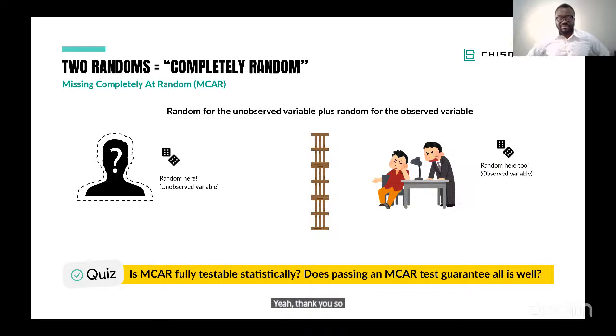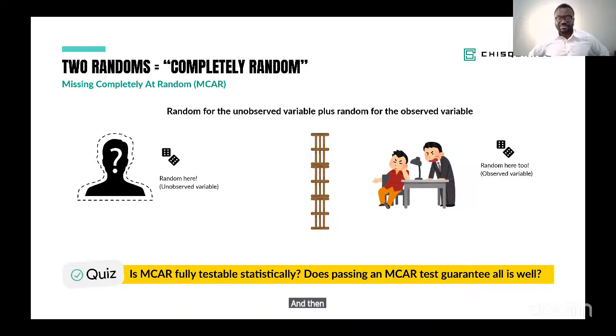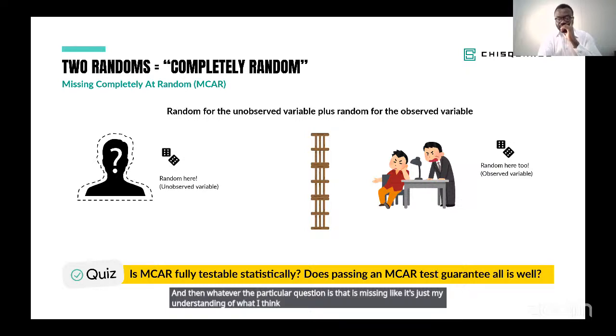So yeah, it's very clear, just going with the story that the guy is missing, so there's no way we can verify that. And whatever the particular question is that is missing, it's just my understanding of what other variables are associated.